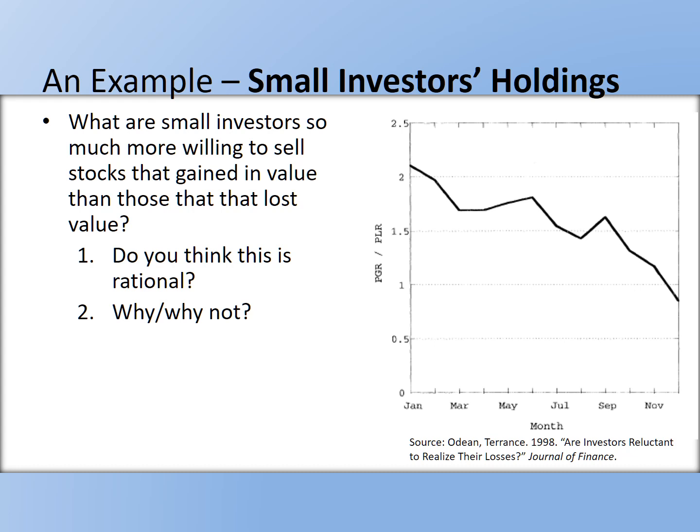Now, one piece of evidence that suggests that people are not doing this rationally is the common financial advice that you should set a stop sell target. When the stock price goes down by a certain percentage, like 10 to 15%, you should sell.